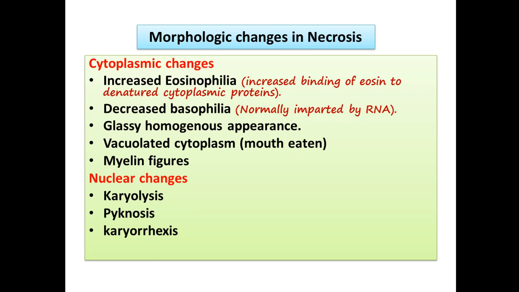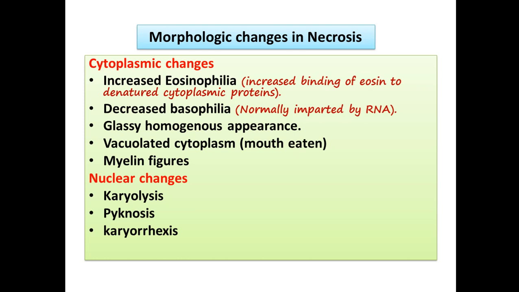During tissue processing, when we treat the tissue with hematoxylin and eosin stain, normally the eosin colors the cytoplasmic proteins and the hematoxylin stains the nucleus blue, while the cytoplasm appears pink.